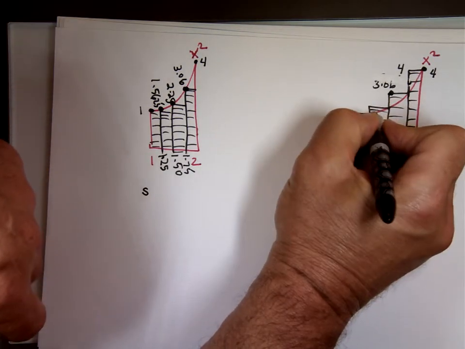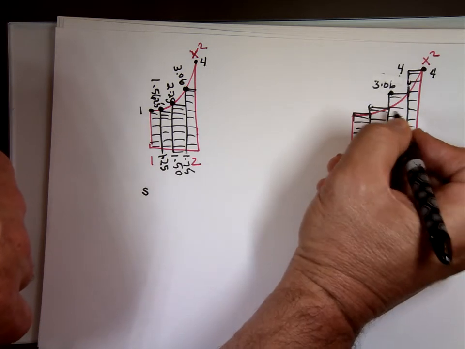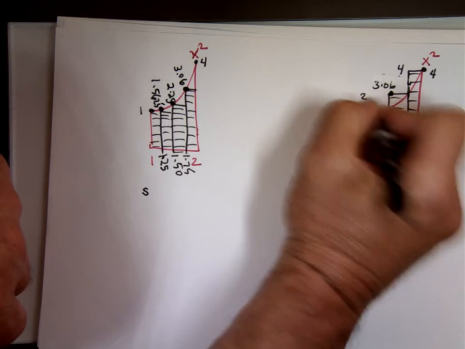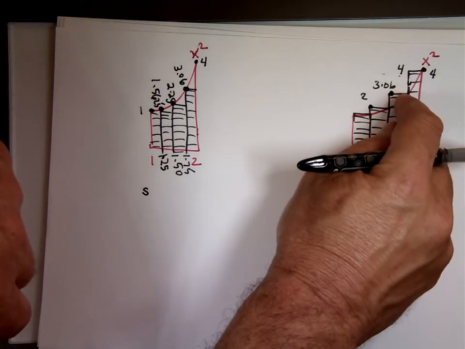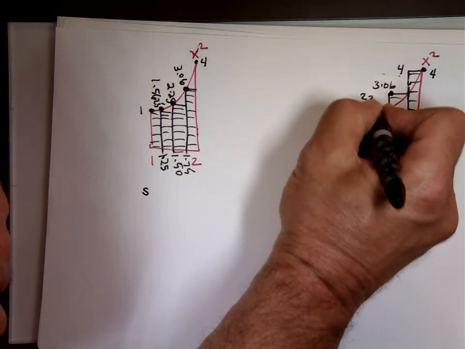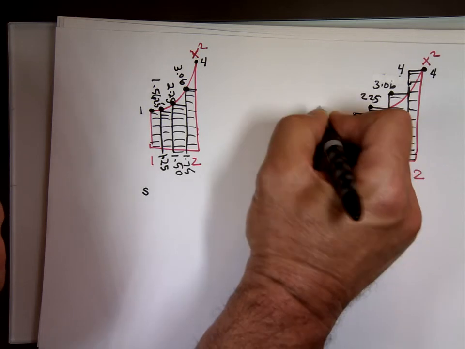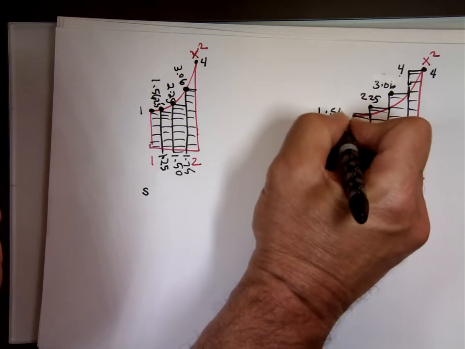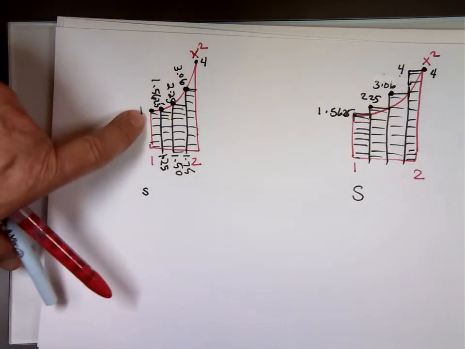And this was what? 2.25. 3.06, 2.25. And this height, that's the bigger one we're using, what for this height here? 1.5625. The higher end of it, you know.